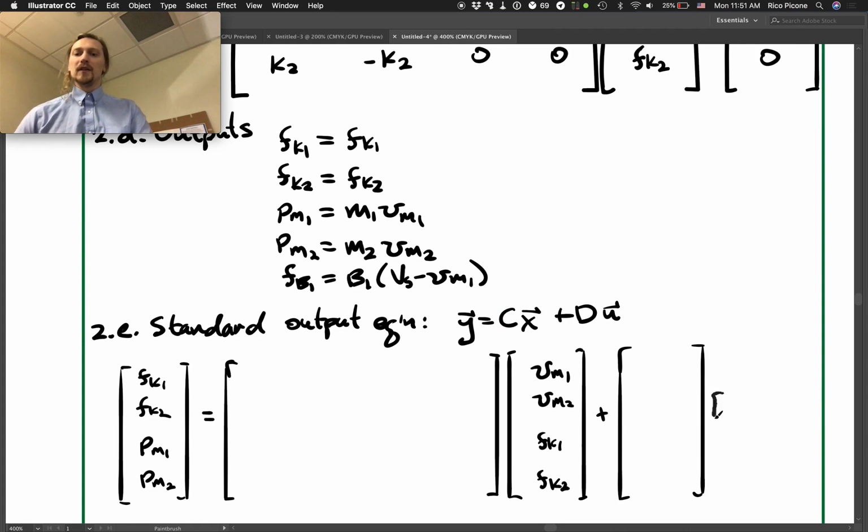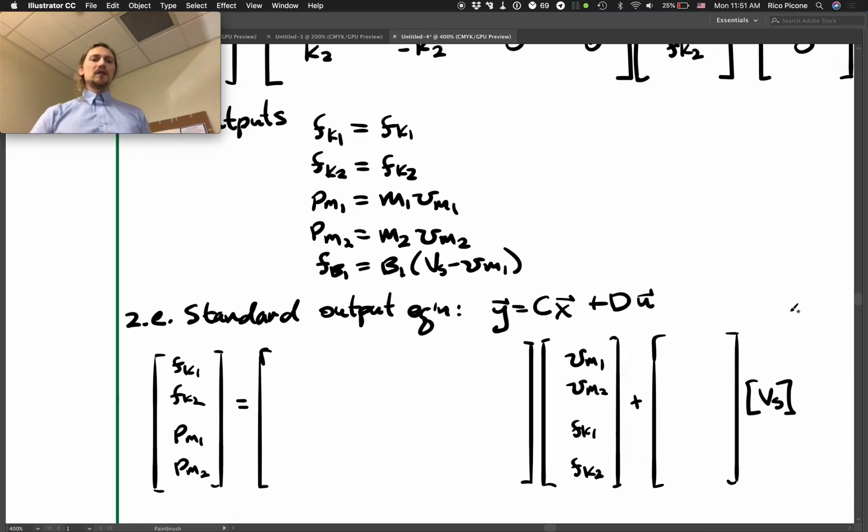So the input vector is only 1 vector, so it has to be a 4 by 1. Okay, so we need to fill it in just from the equations above. So Fk1 equals Fk1. So Fk1 equals 0 Vm1, 0 Vm2, 1 Fk1, 0 Fk2, plus 0 Vs.